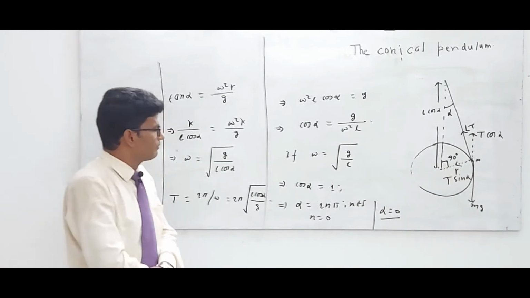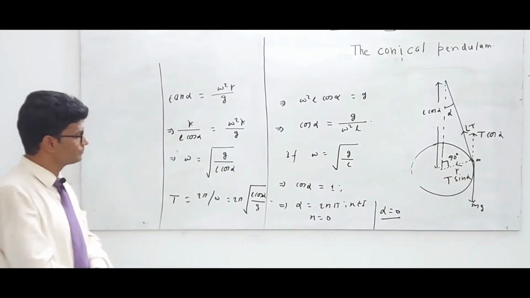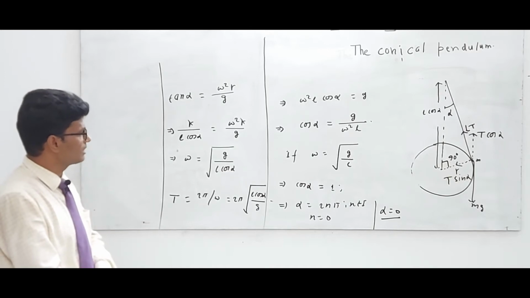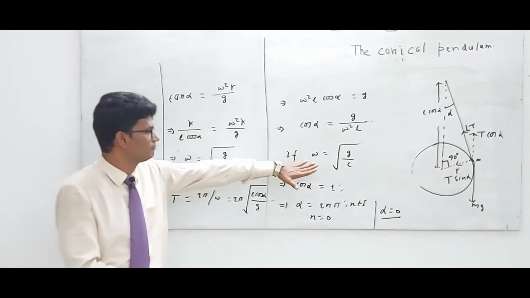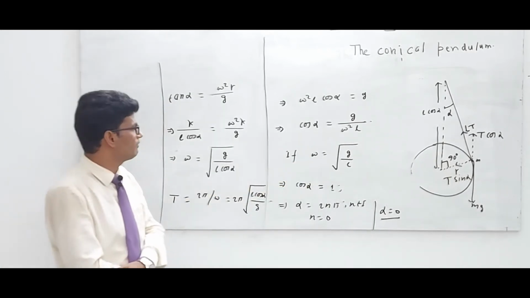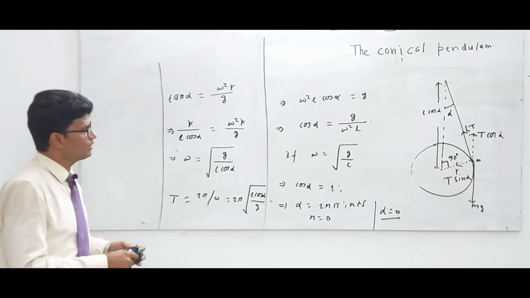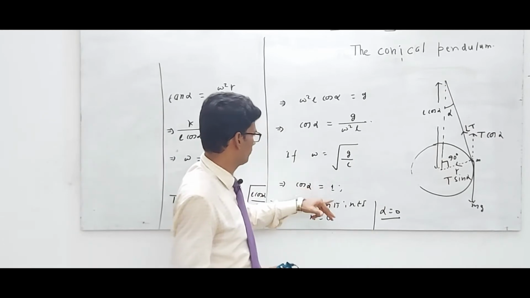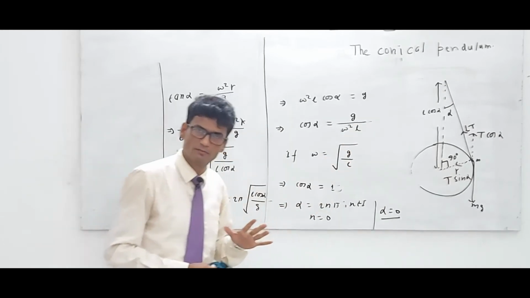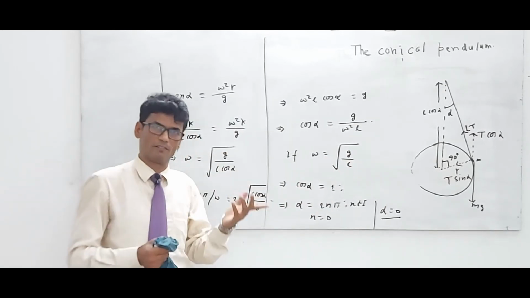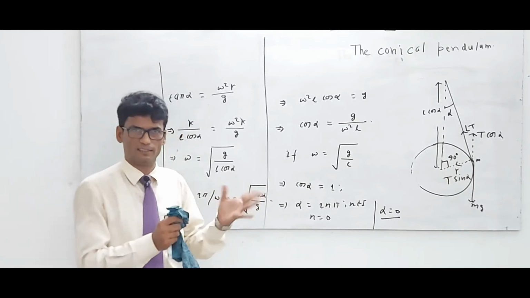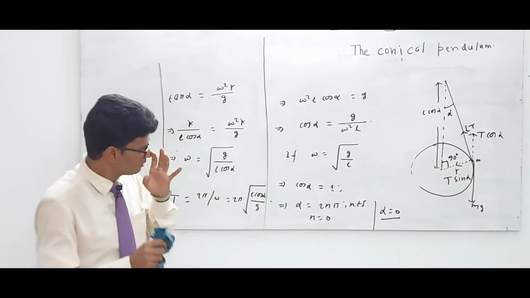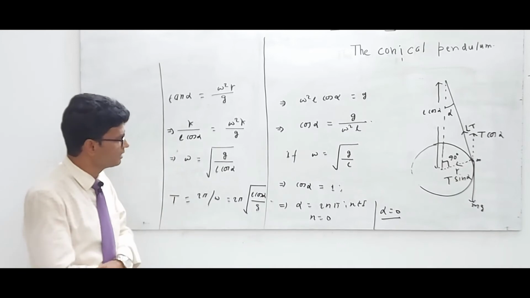So look at here, if alpha is equal to 0, then cos alpha is 1, and sin alpha is 0. I am not going to indulge on that.